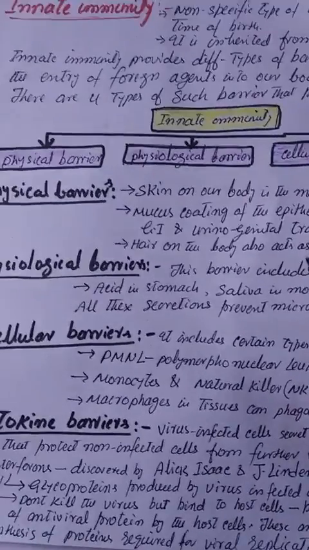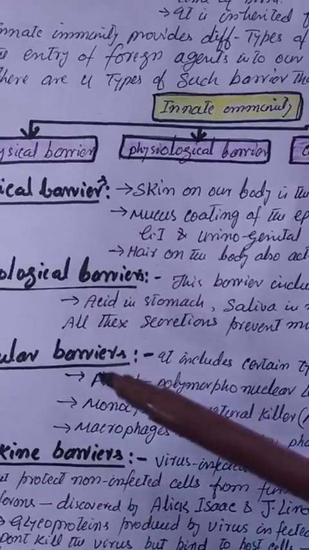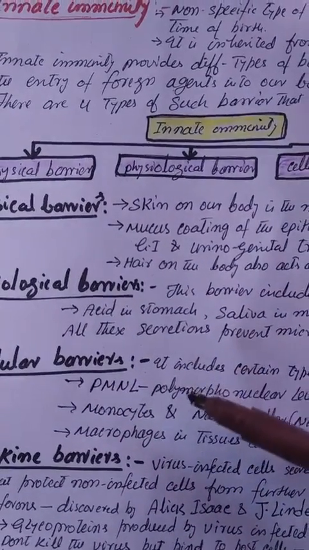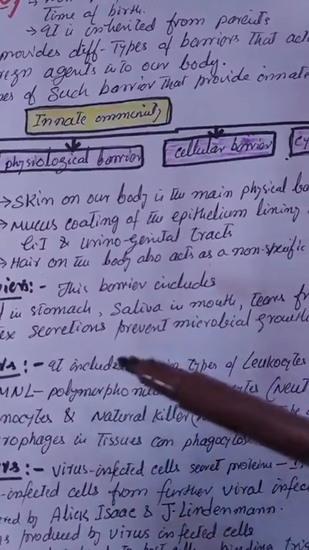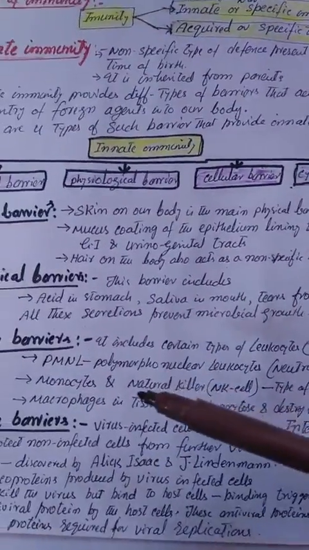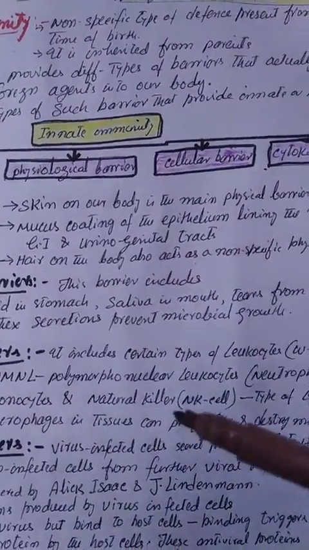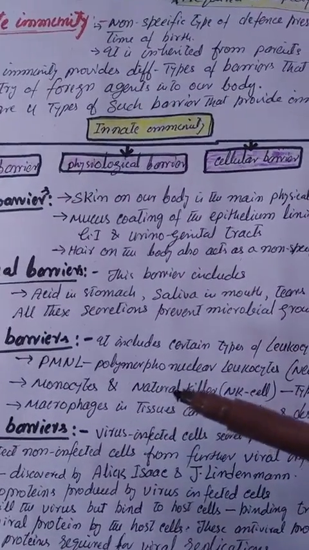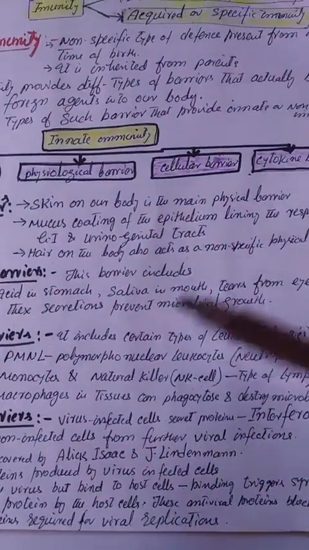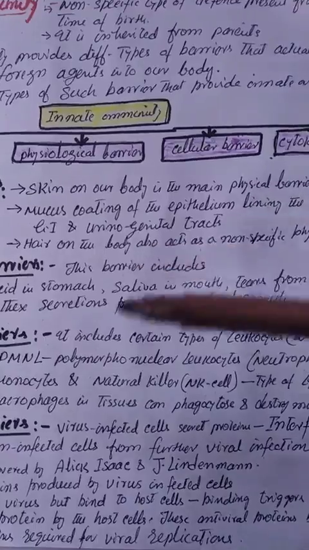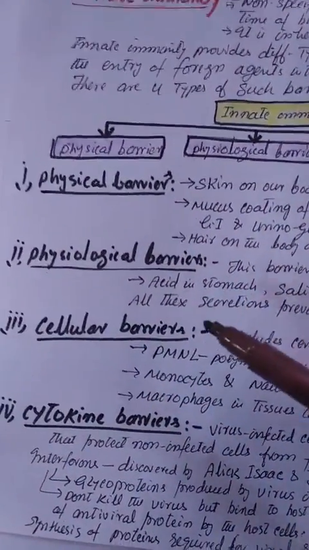The most important cellular barrier consists of PMNL, abbreviated for polymorphonuclear leukocytes, which are also known as neutrophils, and also monocytes and natural killer cells, which are a type of lymphocytes. In addition to these cells, macrophages in our tissues can phagocytose and destroy disease-producing microbes or germs. This constitutes the cellular barrier.